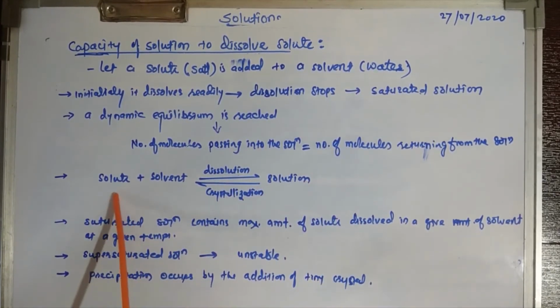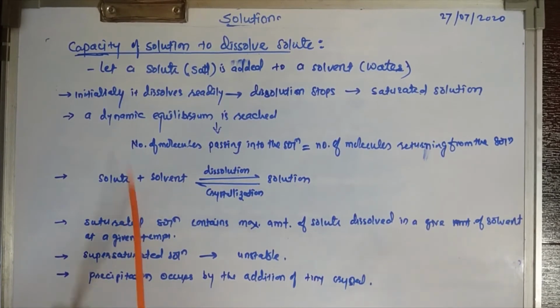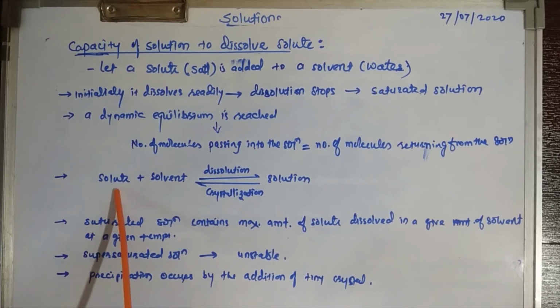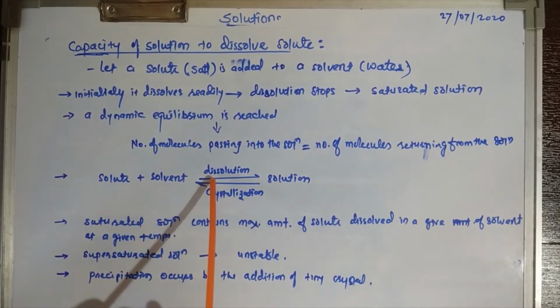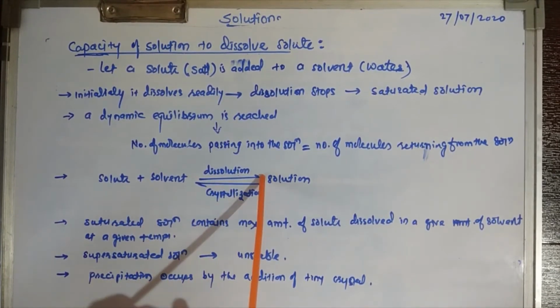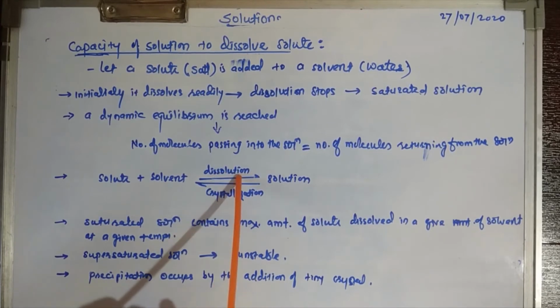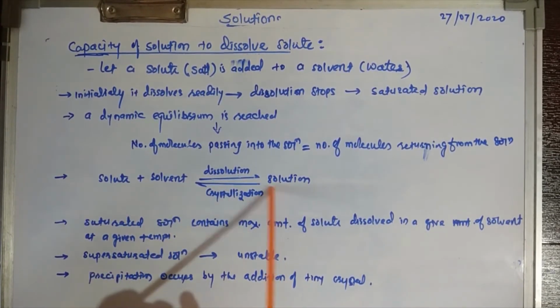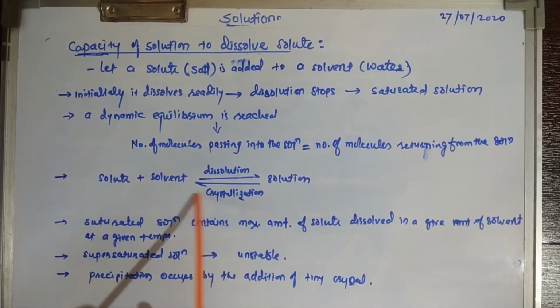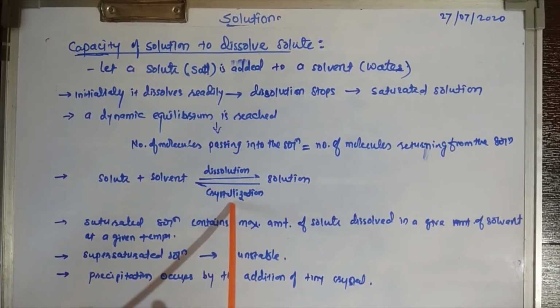Now we can represent all this: solute like salt or sugar, solvent like water. This is the mixing process or dissolution. Towards the right, the forward direction, it is the dissolution of the salt in water, or solute in solvent, and in the reverse direction it is crystallization.